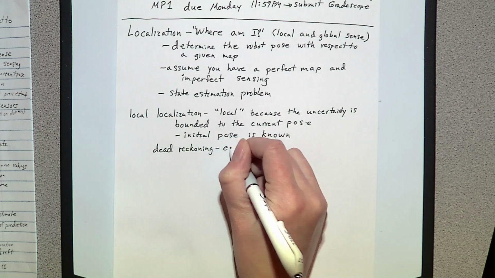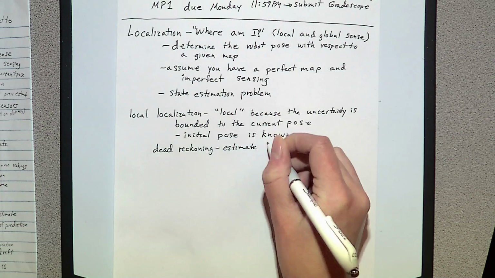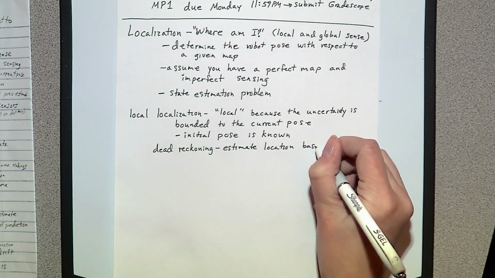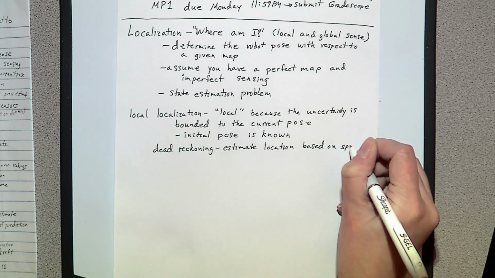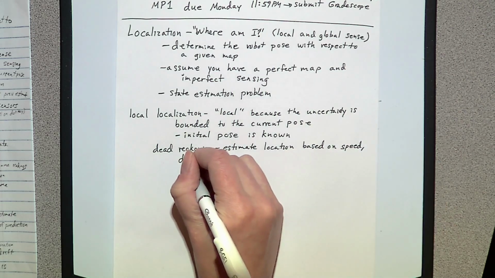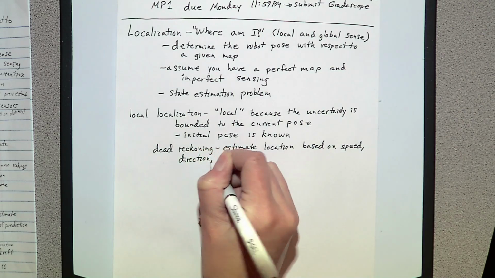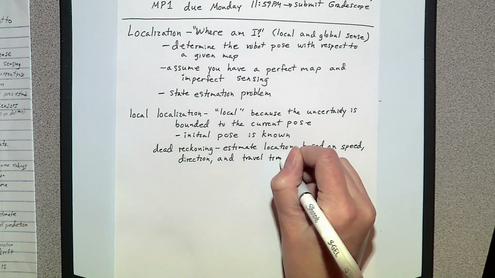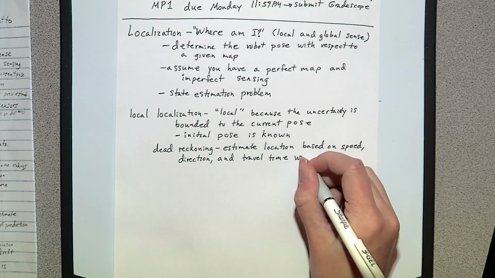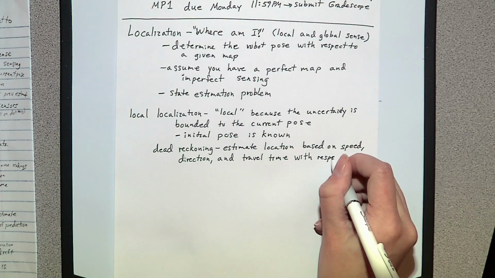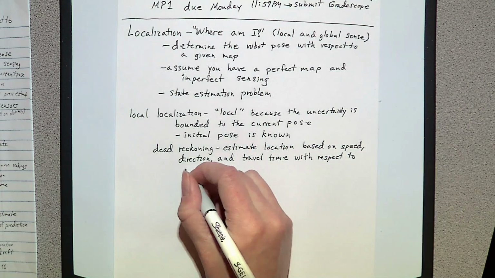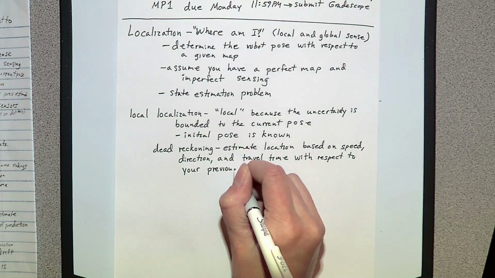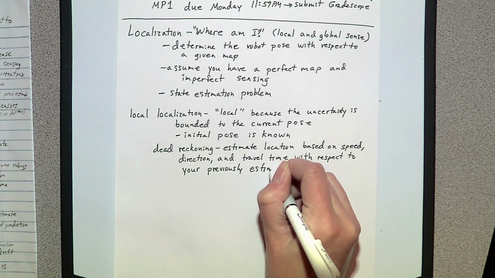So this is where you estimate your location based on your speed, direction, and your travel time, with respect to your previously estimated pose.